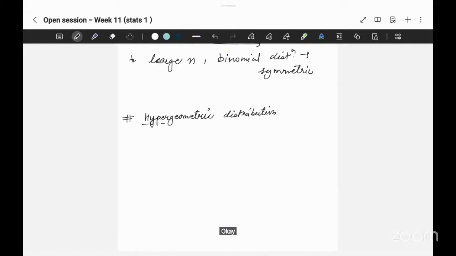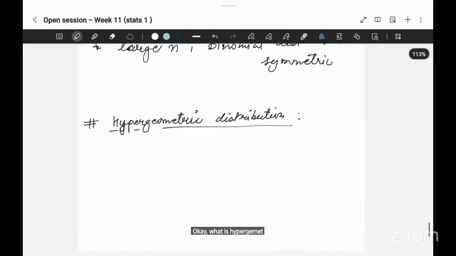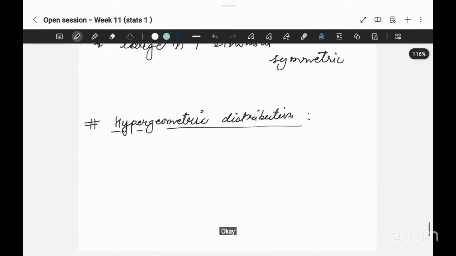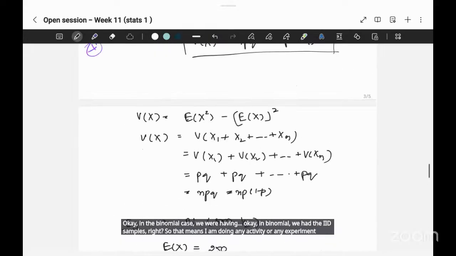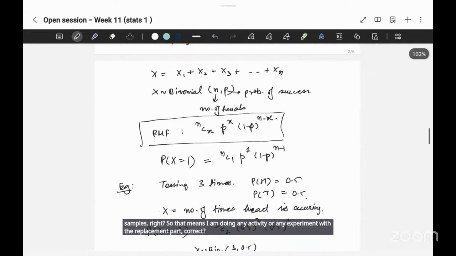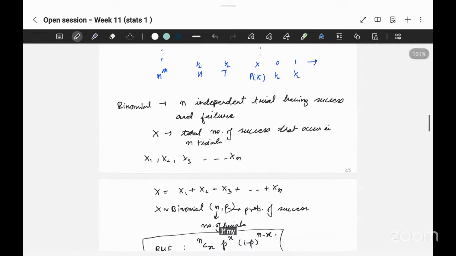What is hypergeometric distribution? In the binomial case, we had IID samples, right? That means I am doing the experiment with replacement, correct? If my experiments are with replacement, then only I can have independent trials.